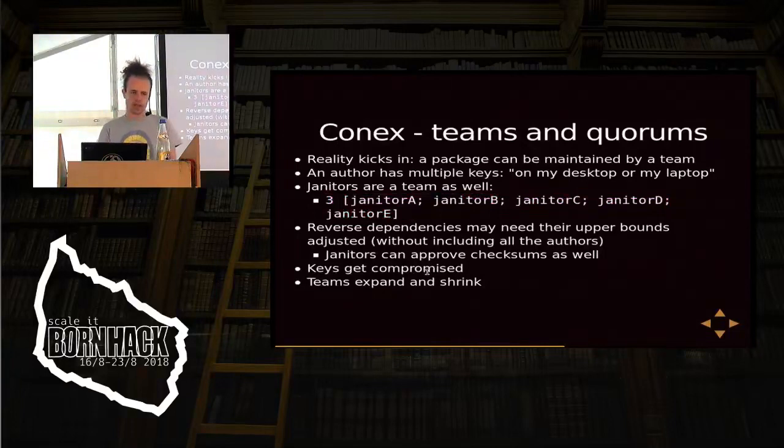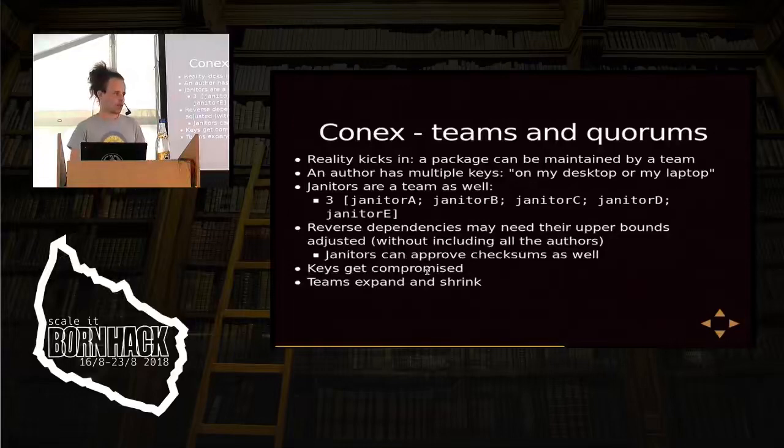Yeah, another thing: in reality, keys get compromised. So if I design a system which relies on public keys and so on, I had better think about how to mitigate compromise and how to deal with it. There are various ways to deal with that.